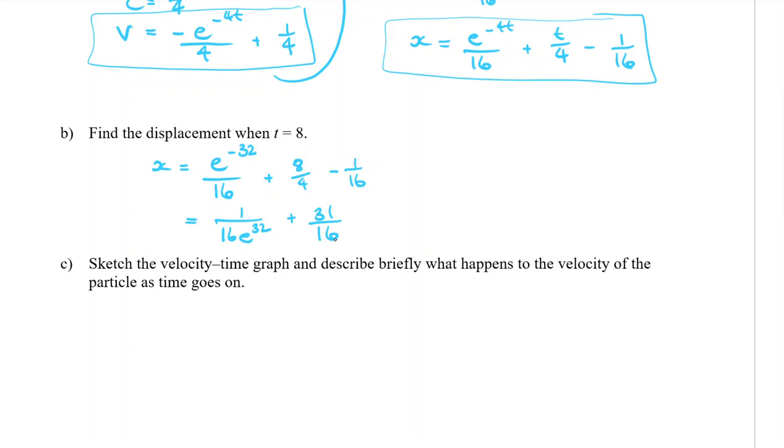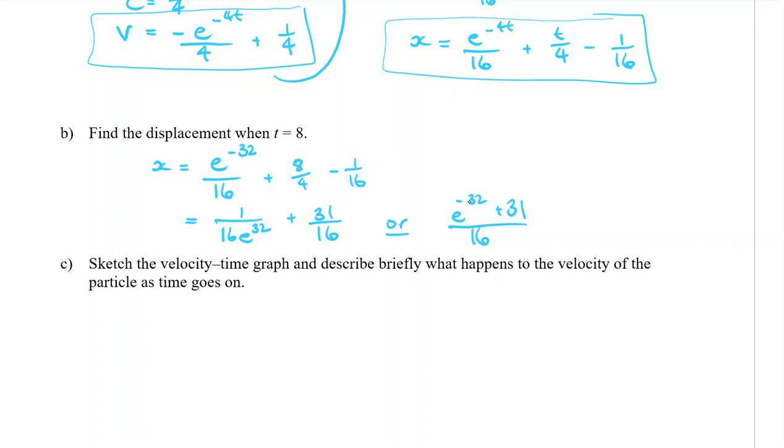There's a common denominator there. So that e to the minus 32, let's move it back to the top, because then we have a common denominator already. If I push them together, it is 16 e to the negative 32 plus 31 over 16. So a few different options there. Didn't realize that common denominator was going to come out so nicely.